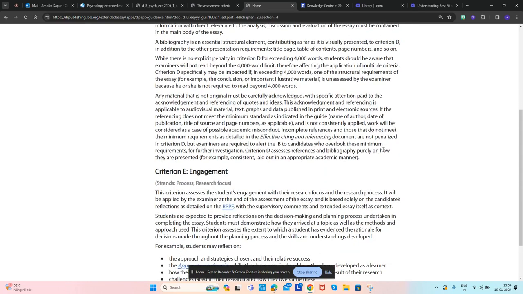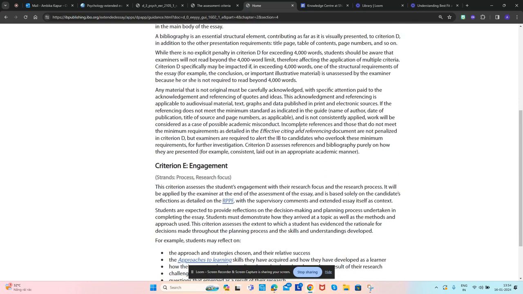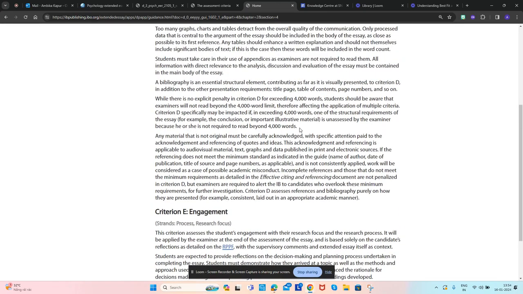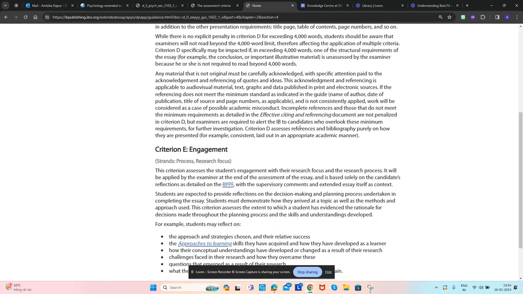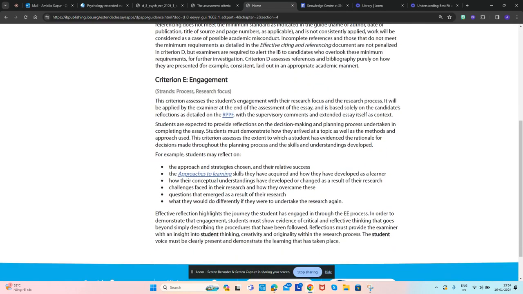So these minor details need to be addressed to the students, and you should look carefully when you are grading the student's work. Similarly, engagement, which we discussed in our last session, where strands such as process and research focus were the major requirement for criteria E, engagement.